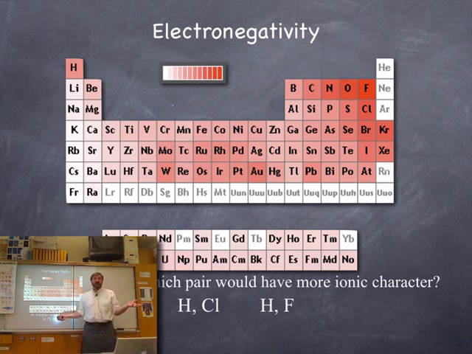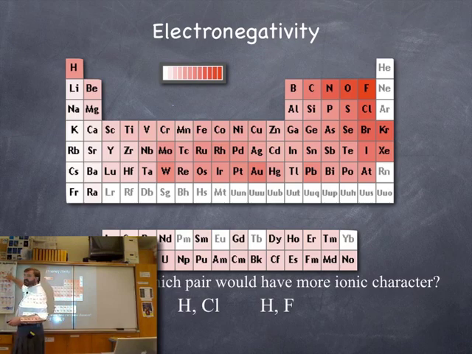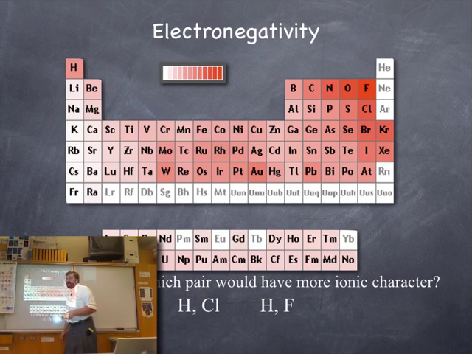Fluorine has a bigger electronegativity than chlorine, so we would expect HF to have a greater difference in electronegativity than HCl, and it does. HF has a difference of 1.8 versus HCl has a difference of about 1.